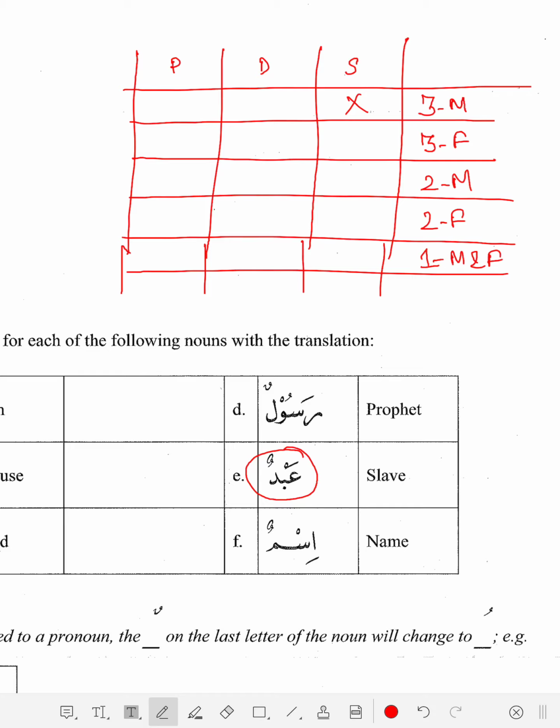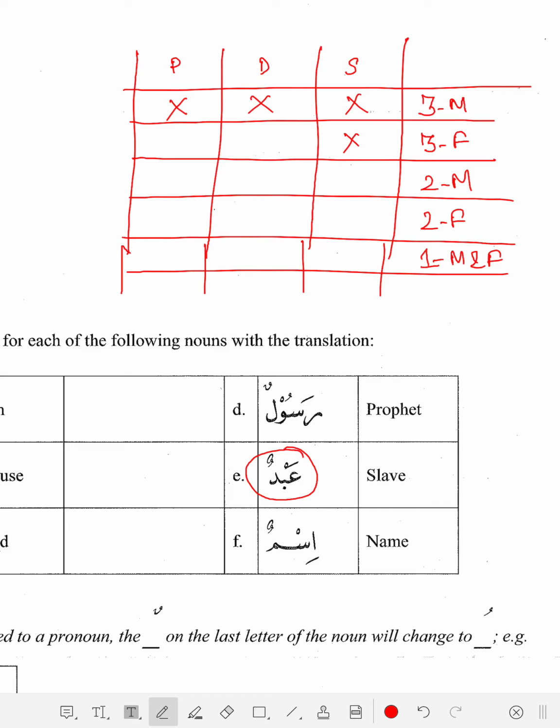abduhuma, which means his slaves, but two slaves. And abduhum, meaning his slaves, multiple slaves. And again abduha, meaning her slave, a female slave. Like that.